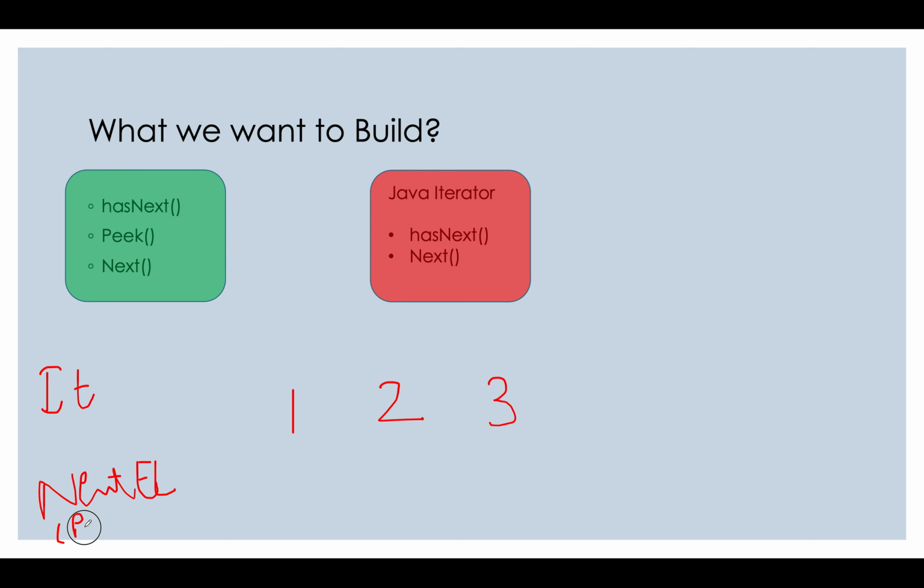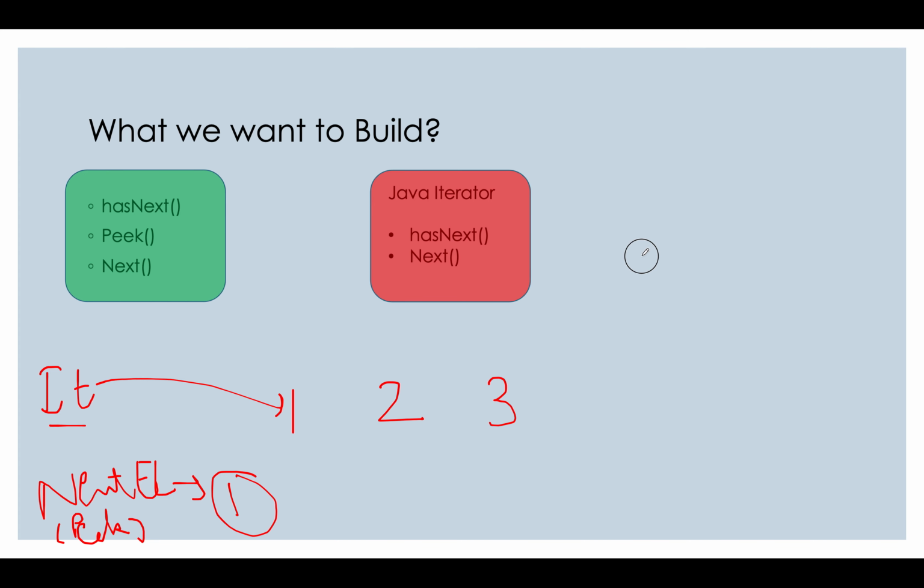Both of them will be initialized to null, and in the initialization part, we will assign the iterator to the variable that is passed as a parameter in the constructor, and the next element will point to the first element of it. So its first element is 1, so this becomes 1.